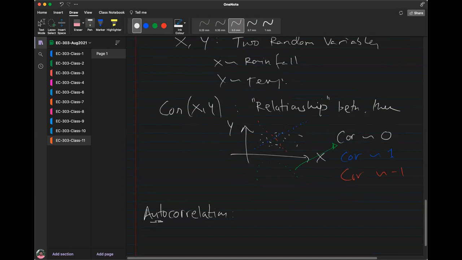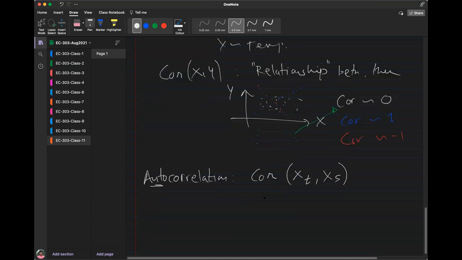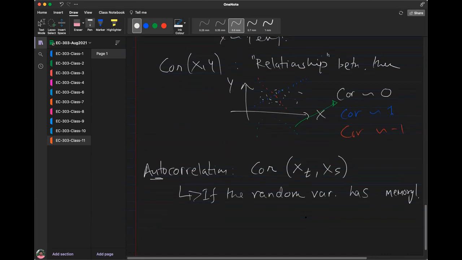The word auto comes from the fact that I'm looking for correlation of the same random variable, except that now I'm looking at what happens when they are separated in time. It's the same random variable, but they're just separated in time. So in such a case, what does this measure? This measures if the random variable has some sort of memory. That's what it captures.